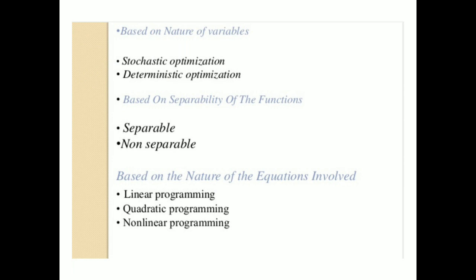A stochastic programming problem is an optimization problem in which some or all of the parameters, that is design variables and pre-assigned parameters, etc., are probabilistic, or you can say non-deterministic or stochastic, and vice versa for a deterministic programming problem.